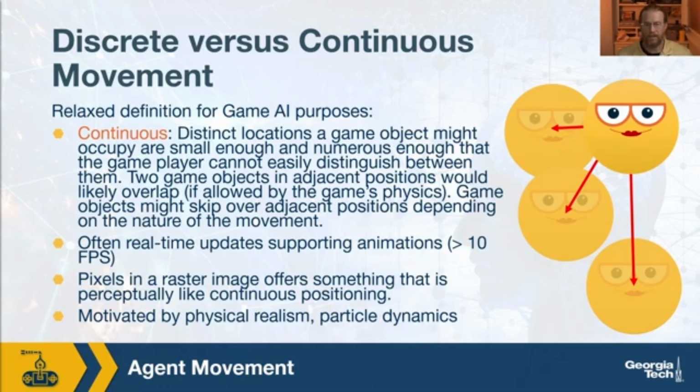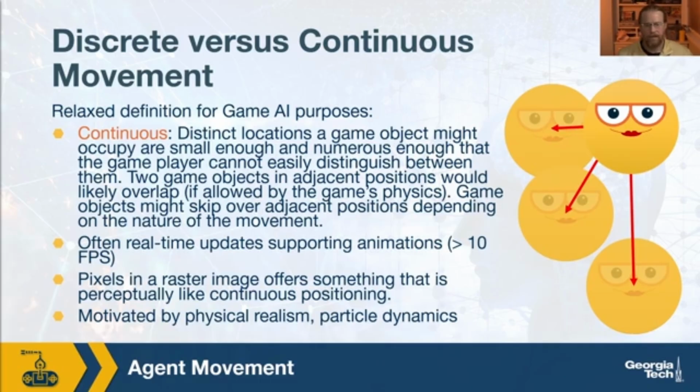And also, it will be coupled with a high frame rate supporting animation. So you have to hit some critical threshold of 10 frames per second for a human to perceive animation. Of course, in most games you want much more than 10 frames per second, but at minimum 10.